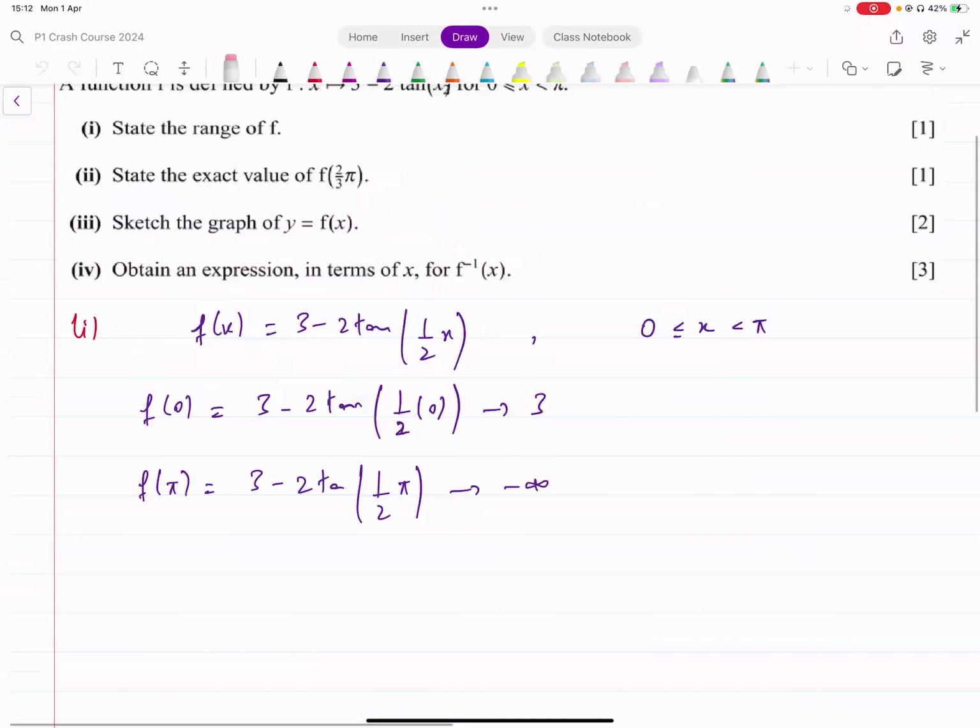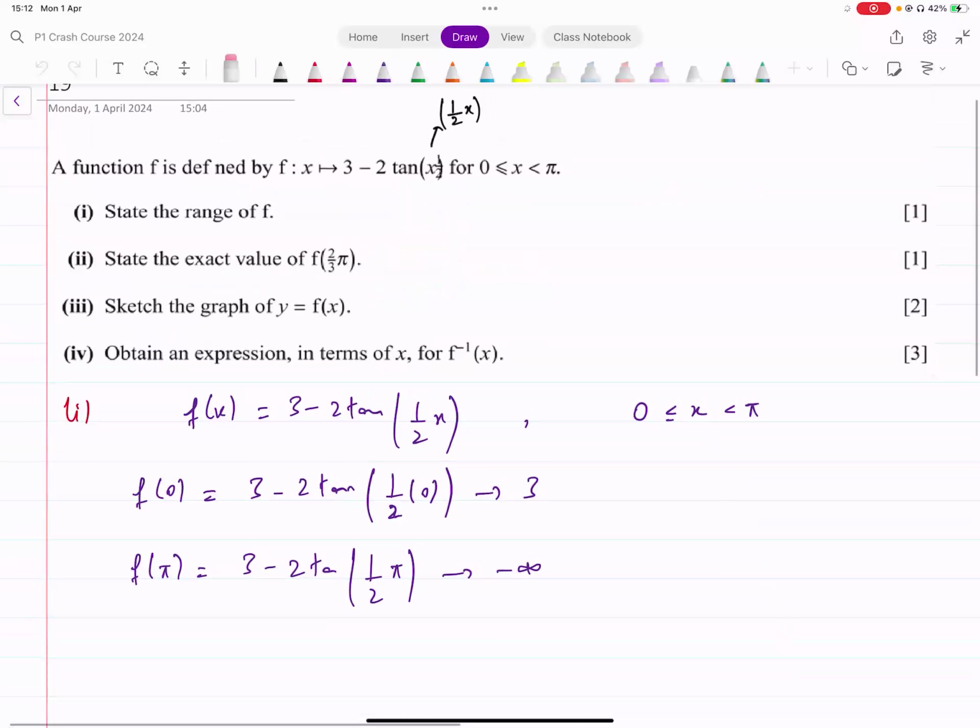Another possibility could be you could draw a table for this on your calculator, just like you did for the previous question when you were supposed to draw the graph. If you were to try this in your calculator with a relatively small step, so this gives me 3 minus 2 into tan of x over 2.